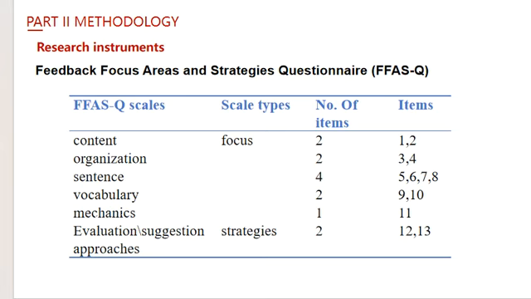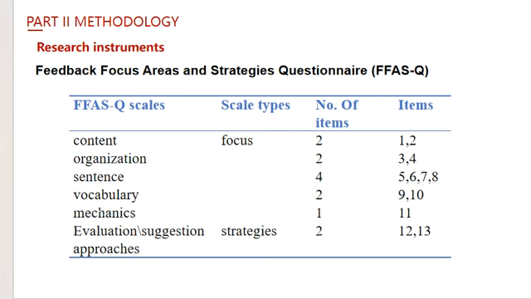Now let's come to the research instrument, which is a feedback focus area and strategies questionnaire. This questionnaire includes seven scales, which are content, organization, sentence, vocabulary, mechanics, evaluation, and suggestion approaches.